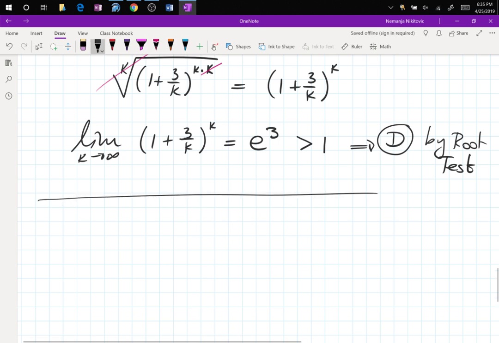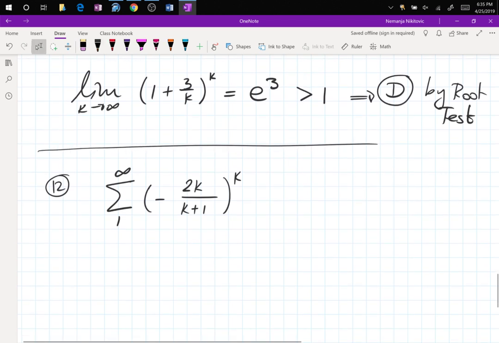Slightly easier problem, 12. Summation of negative 2k over k plus 1 raised to the k from 1 to infinity.